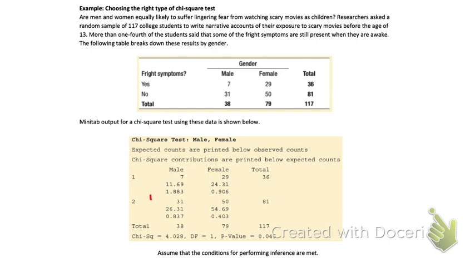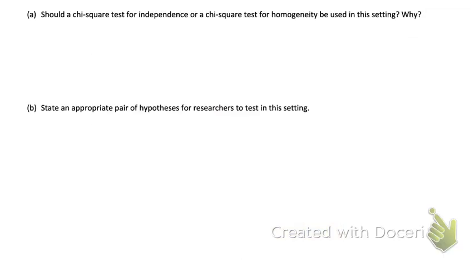All right, what's our question? Our question says, should a chi-square test for independence or a chi-square test for homogeneity be used, and why? How many samples were taken? There's only one sample taken. It was a random sample of 117.